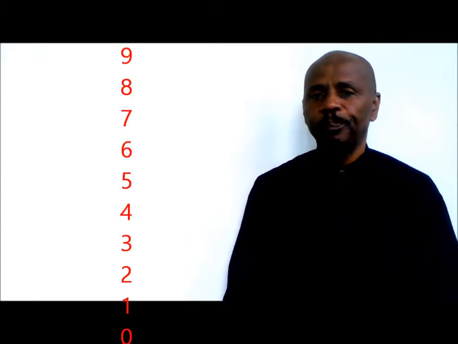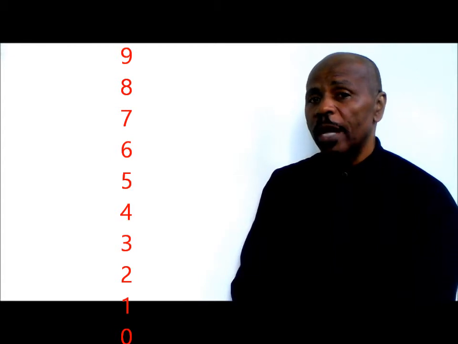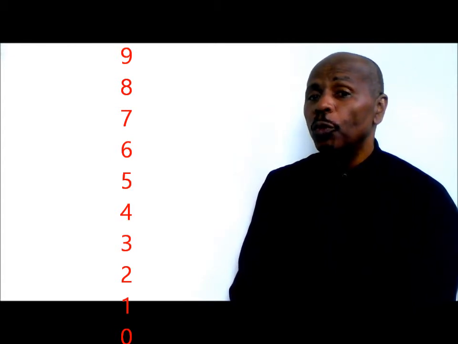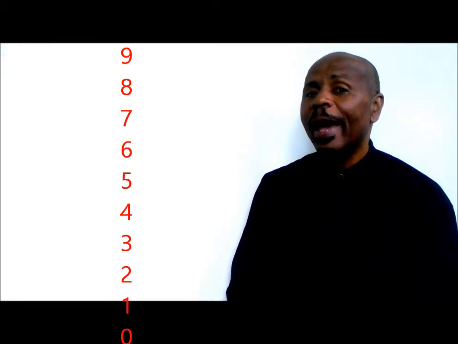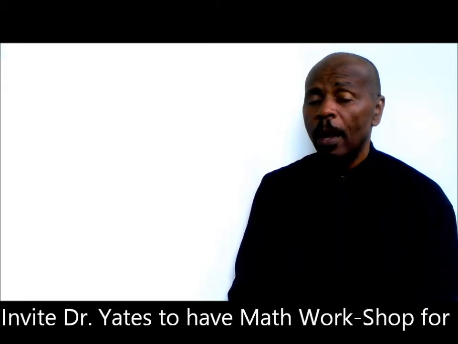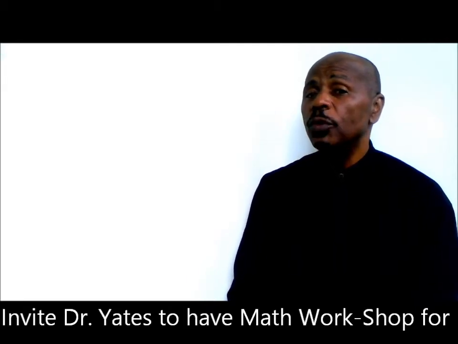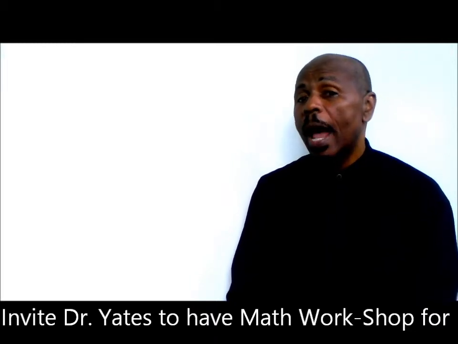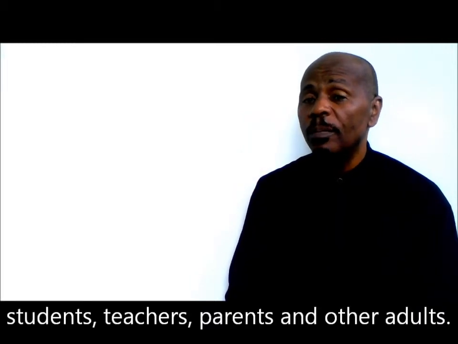For example, if you notice here on the board, we start at 0 and we go all the way to 9. This is called the rule of measurement or the rule of counting. 0 to 9, not 1 to 10. Okay, 0 to 9. For example, if I start at 1, how would I write 10? And if you say, simple, 10, I'll ask you, where did the 0 come from?